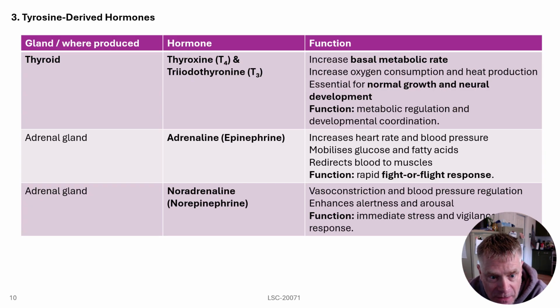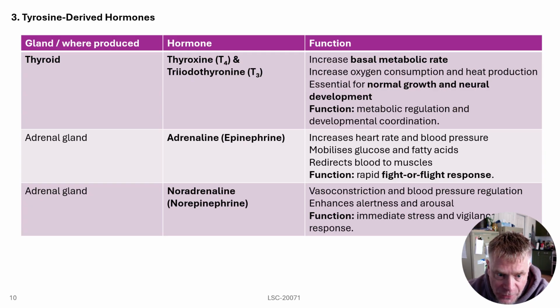So now we've got the tyrosine derived hormones. These are based on an amino acid, which has some other more complicated chemical structure with that as a sort of building block.